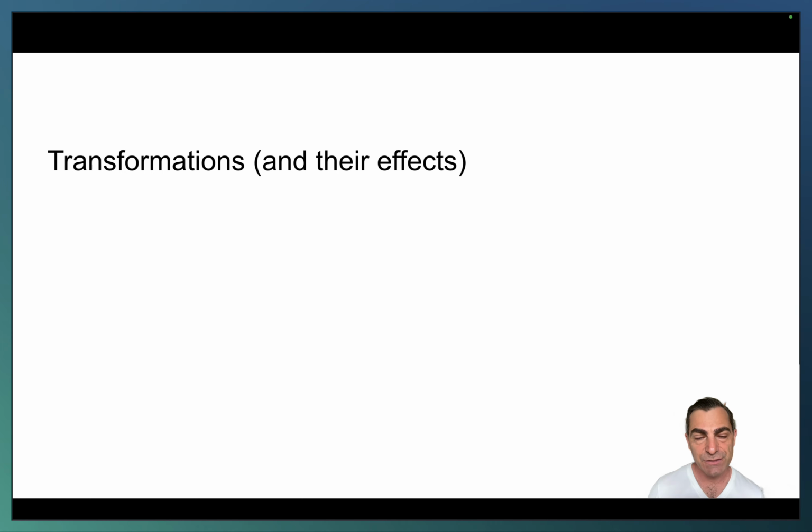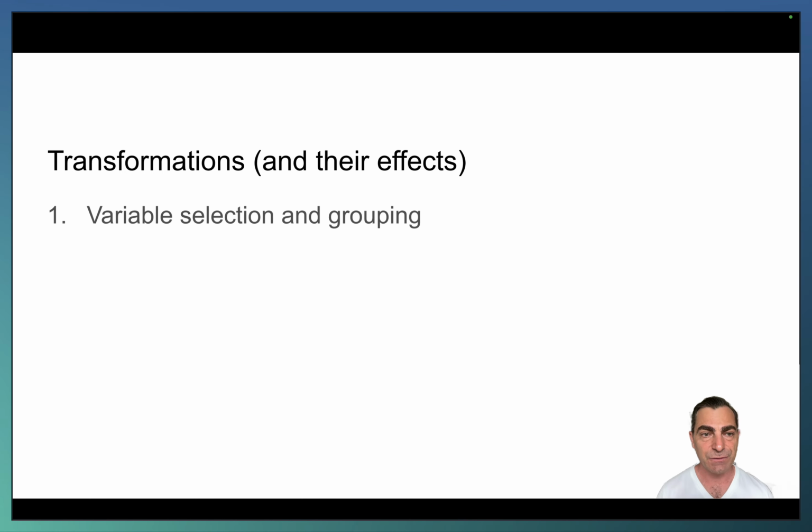So what are the transformations that we include here? Of course, this is not a complete list. There are many possible transformations, but here I'm focusing on those that are more common and more impactful. So the first one is variable selection and grouping, which is very similar to the example that I've shown at the beginning.